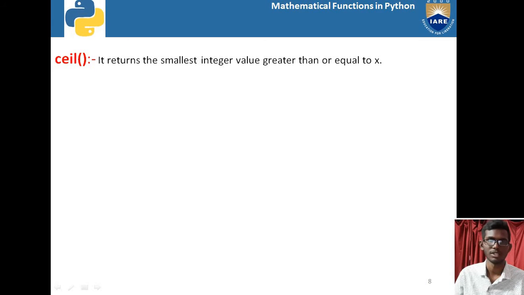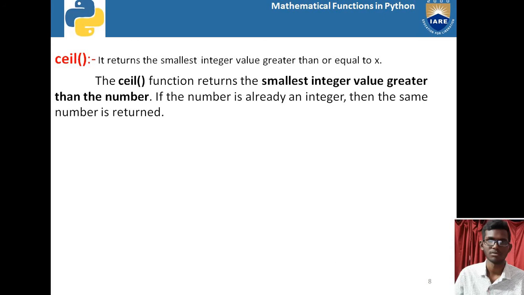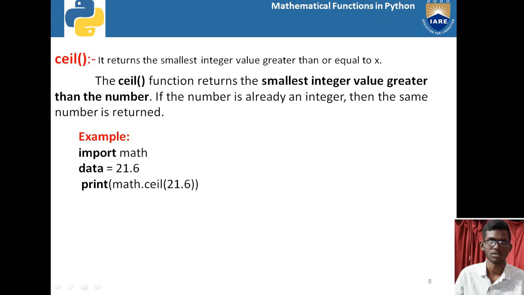Ceil returns the smallest integer value greater than or equal to x. The ceil function returns the smallest integer value greater than the number. Suppose the number is already an integer, then the same number is returned as output. So now we take some examples. Import math. Now we assign a variable data equal to 21.6.